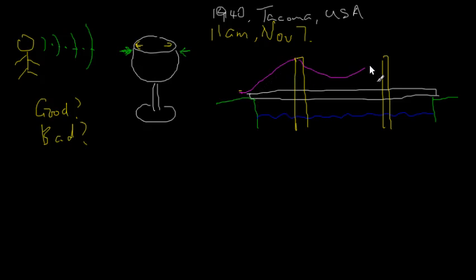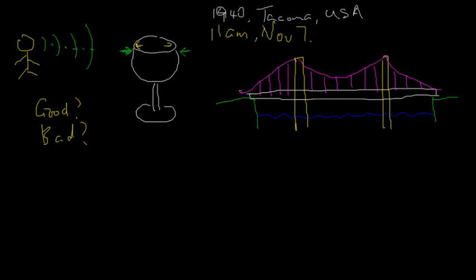So it's a suspension bridge. This is the common arrangement that we would see, with the cables that suspend the bridge in the air like this. And there are lots of cars going to and fro on the bridge on the morning of November 7th, 1940.